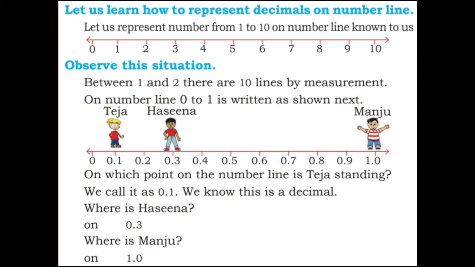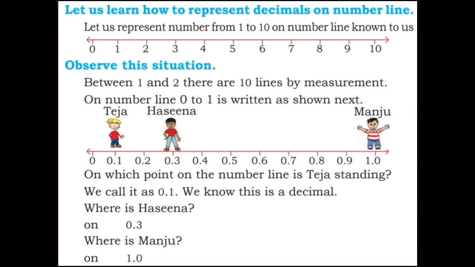Between 1 and 2 there are 10 lines by measurement. On the number line 0 to 1 is written as shown next. So from 0 to 1 also there are 10 numbers. 0.1, 0.2, 0.3, 0.4, 0.5, 0.6, 0.7, 0.8, 0.9, 1.0.